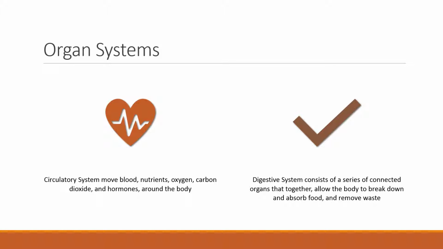This system includes the mouth, the esophagus, the stomach, the small intestine, the large intestine, the rectum, and the anus. So again, two systems that we really want to pay close attention to: the circulatory system and the digestive system.